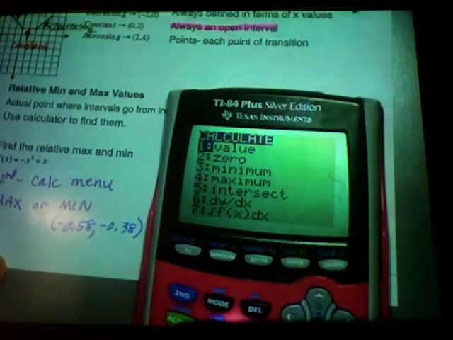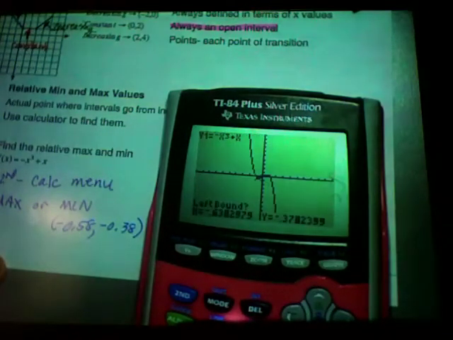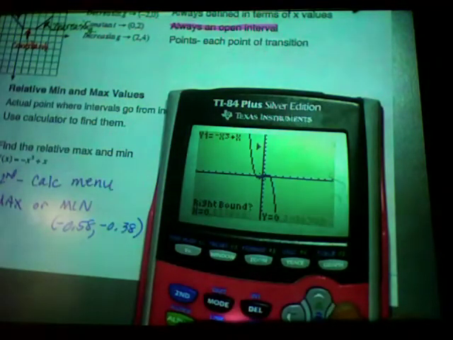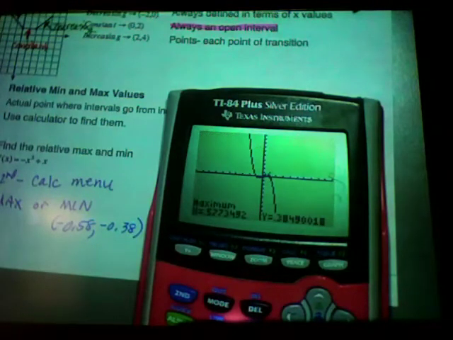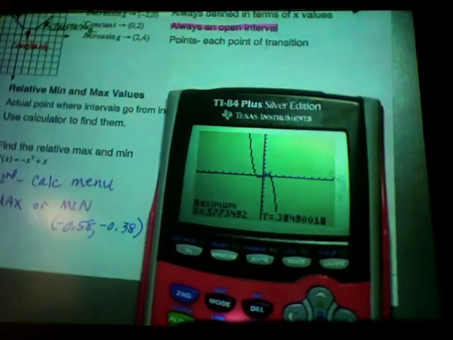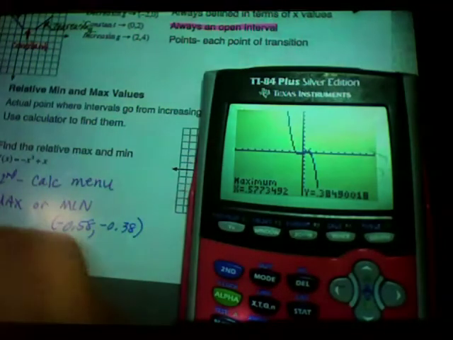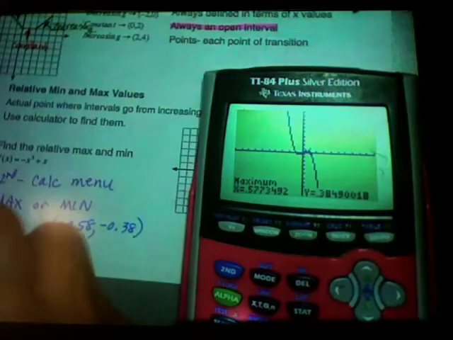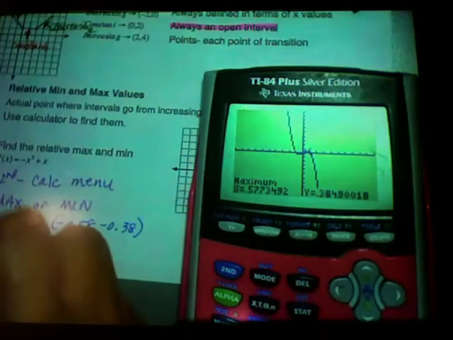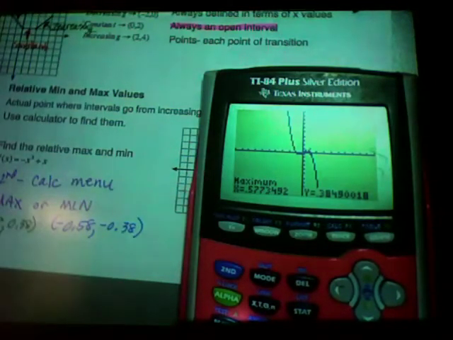Second calc, find maximum. Go to the left, so there's my maximum. Go to the left, go to the right, and there we go. So then my maximum x value is positive 0.58. And then positive 0.38. And they won't always mimic each other. This particular one does.